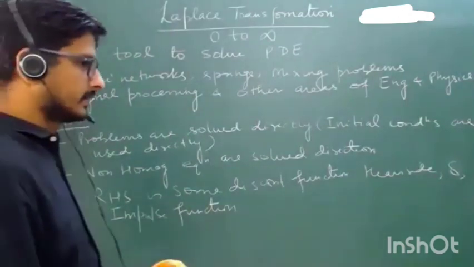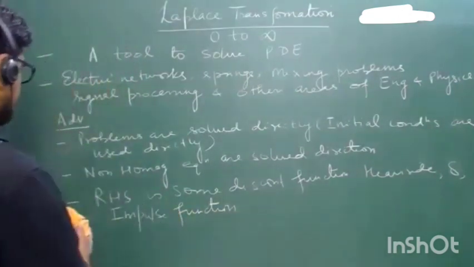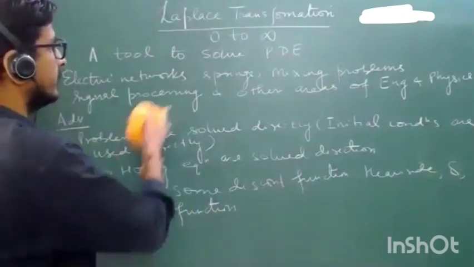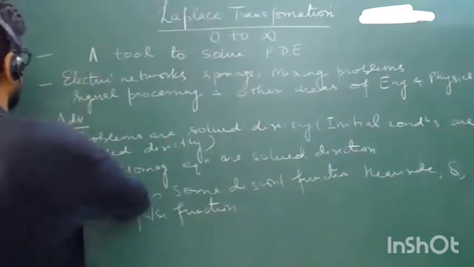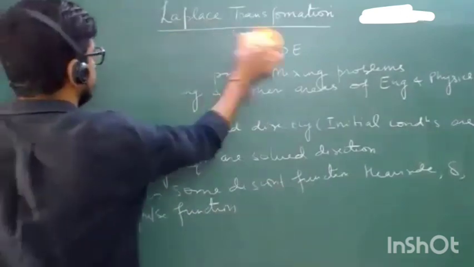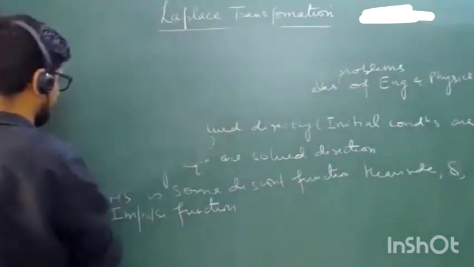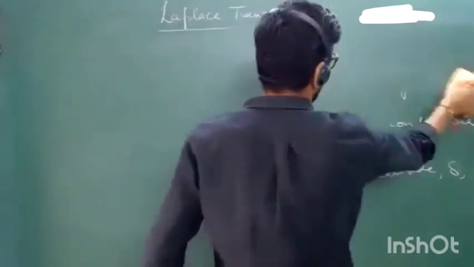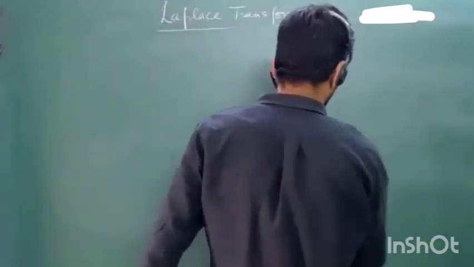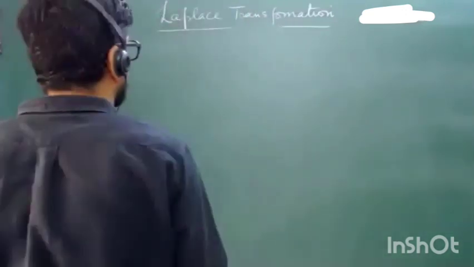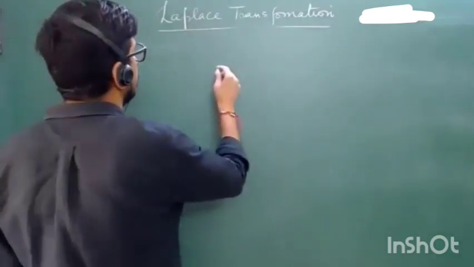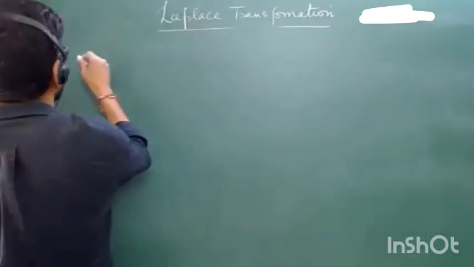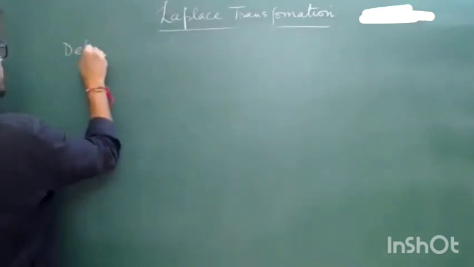Okay, now this was just introduction. So now let me come to what is the definition, because if I am saying it is a transformation, it should have a definition. So what is that definition? Let me take that. The definition, like in Fourier, I gave you a definition.